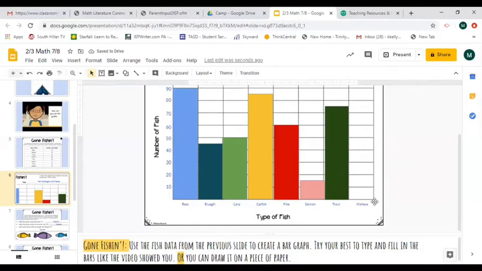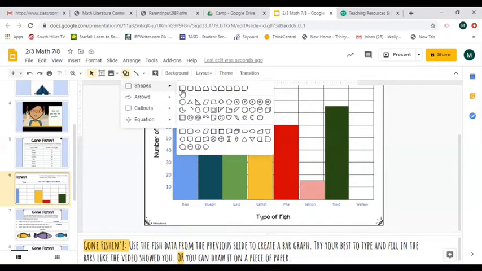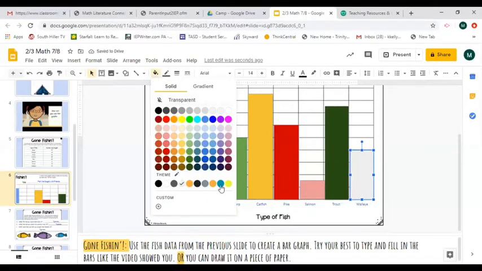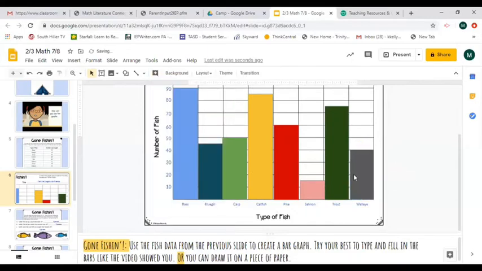And last we have our walleye, and we caught 40 of those. We'll start at the bottom and go up to 40. And I'll use gray.